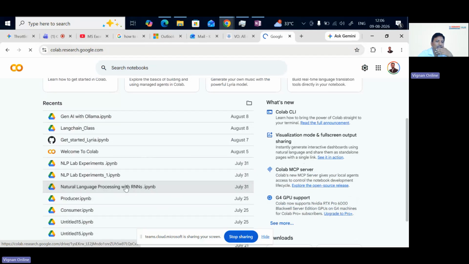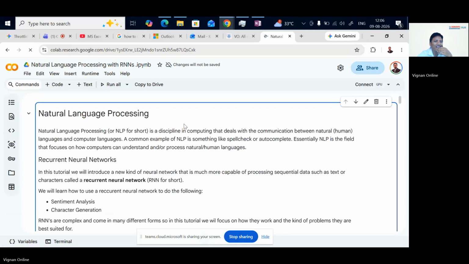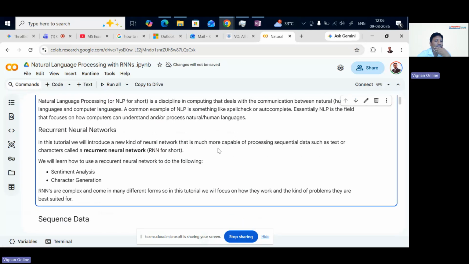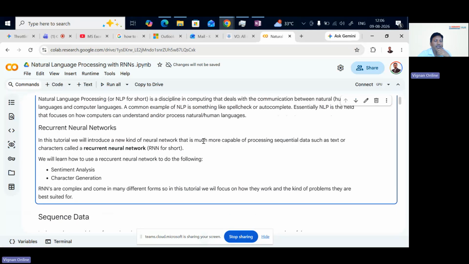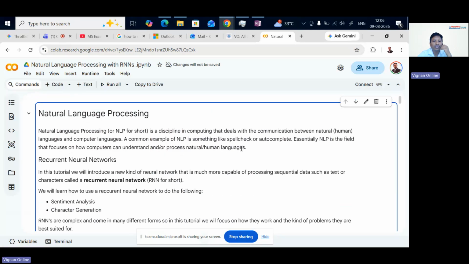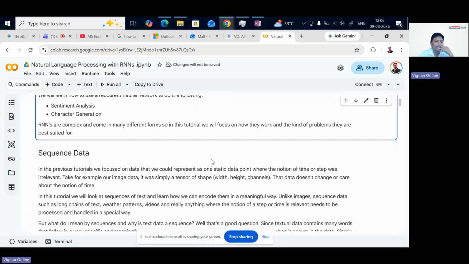So with RNNs, let's see this program. Natural language processing, a discipline in recurrent neural networks. We'll see the RNN, sentiment analysis and character generation.